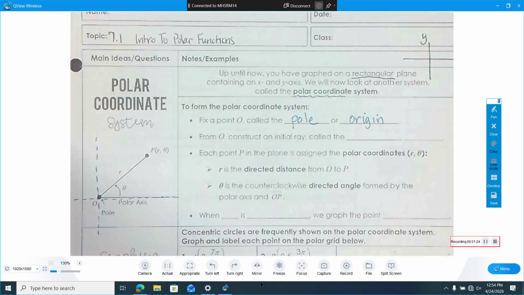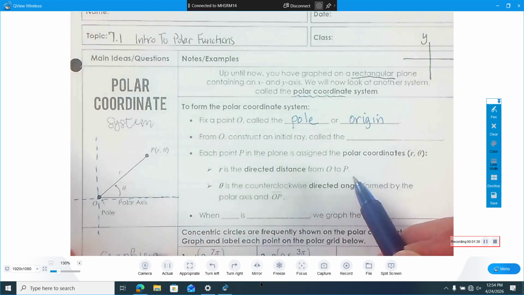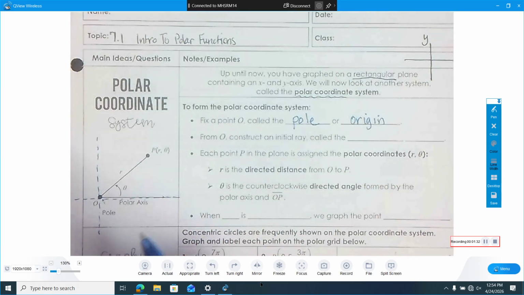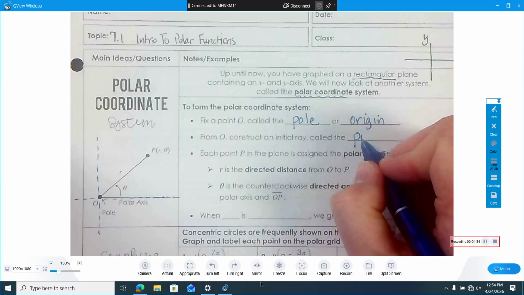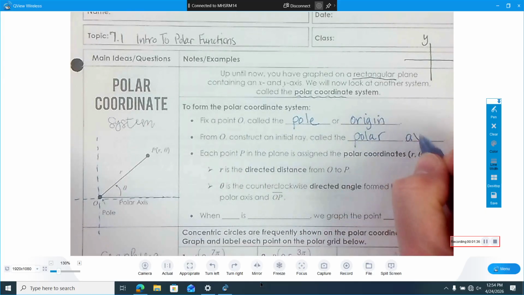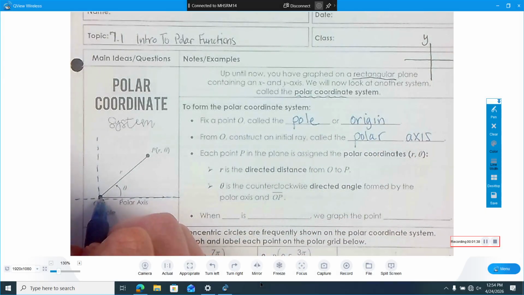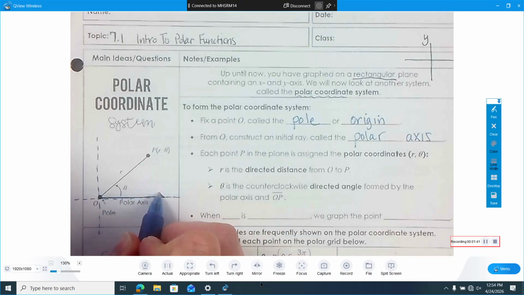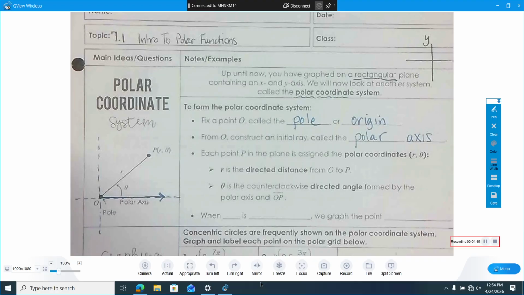But it is very much like the origin of our XY coordinate plane. And we have our initial ray called the polar axis. This is the initial ray right here, and it runs basically on top of the x-axis. So that's our initial ray.